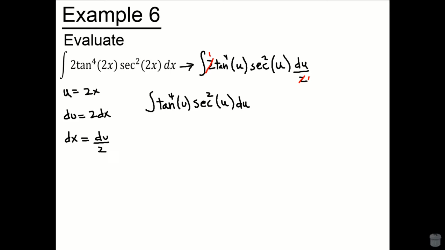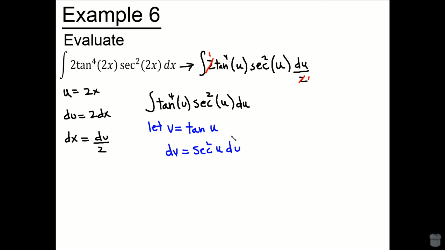Alright, so I did mention that this is going to become a second substitution. From here we're going to let v equal to, in this case, tangent of u. If I take the derivative, again because it's the one with the highest power, the derivative of a tangent is the secant squared of u du.